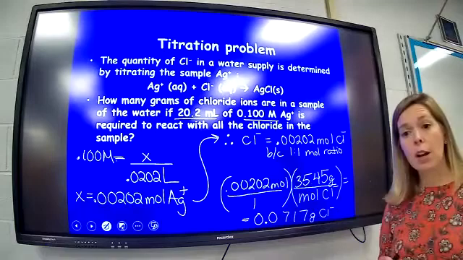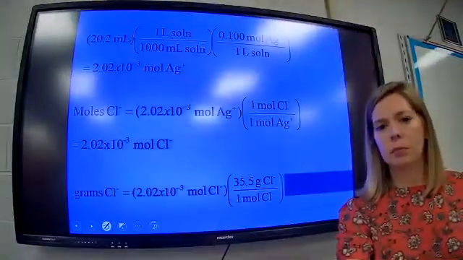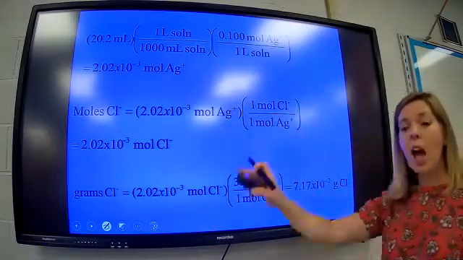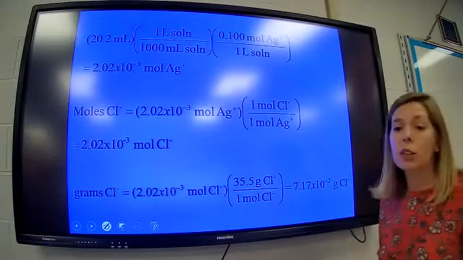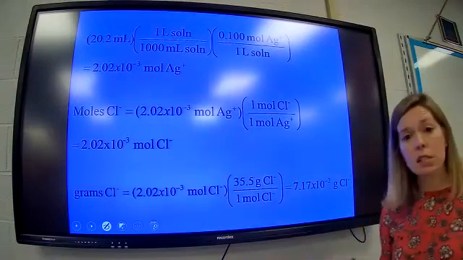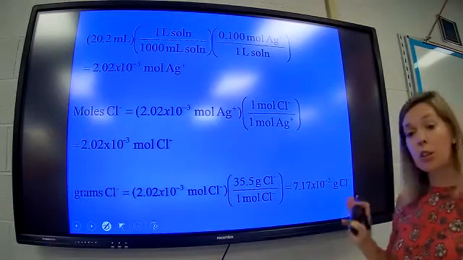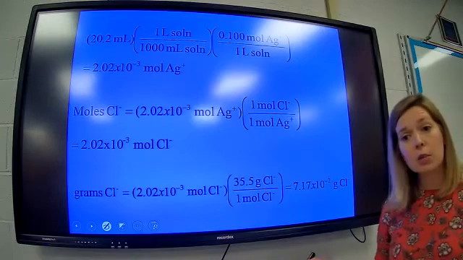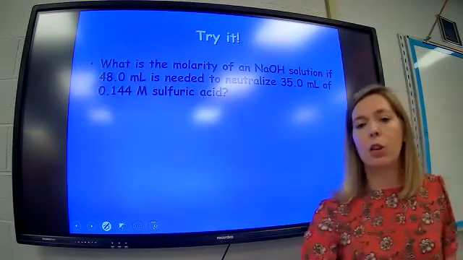But grams is what our question was asking us to find. This is just the calculation written out if you need to see anything. Notice this is set up a little bit differently. This is how your textbook would set it up. Either way is perfectly correct because we end up with the same answer either way.